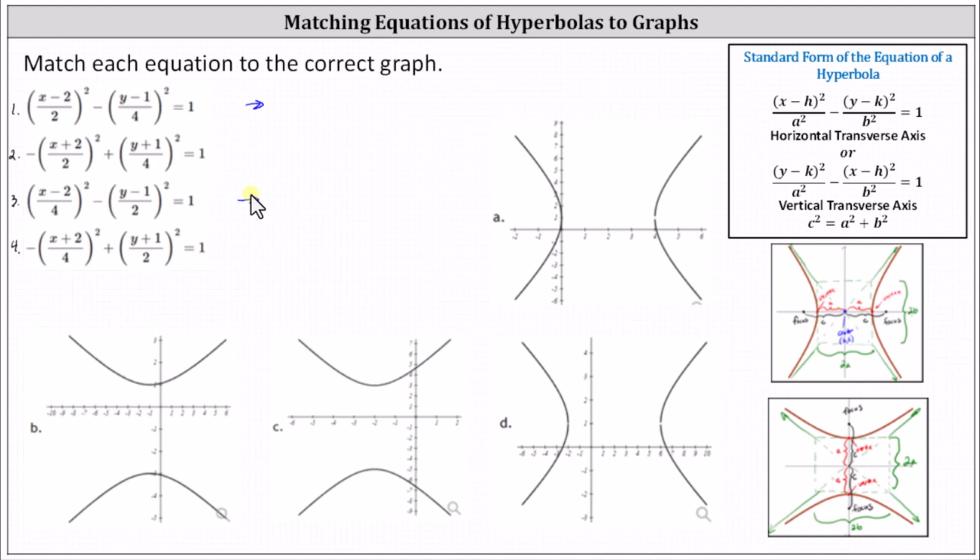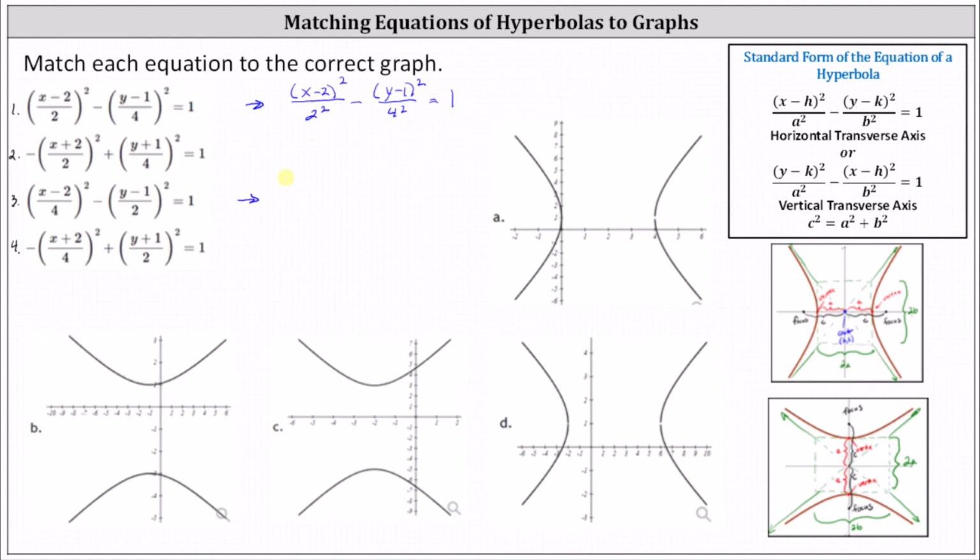Let's first write the equations in standard form. Let's write the first equation as the square of x minus 2 divided by the square of 2 minus the square of y minus 1 divided by the square of 4 equals 1.